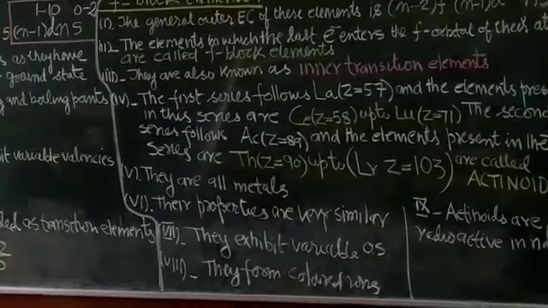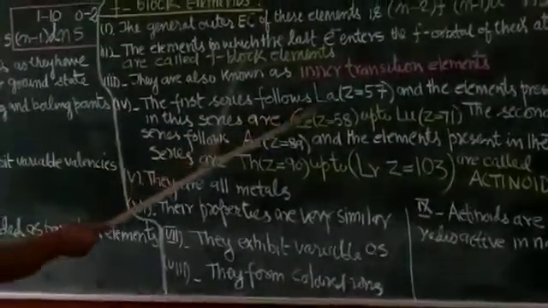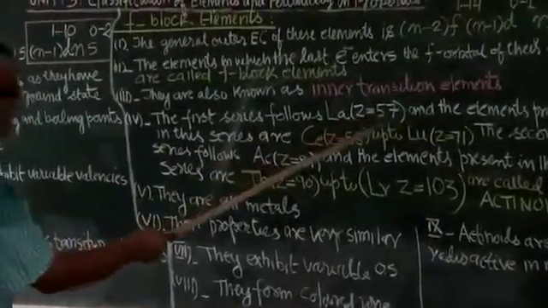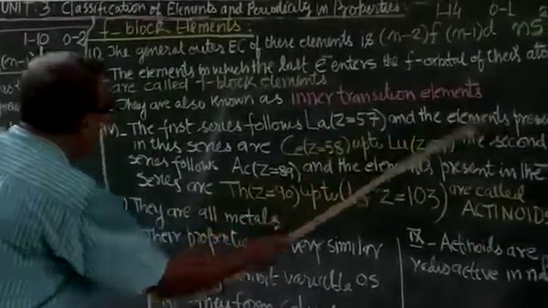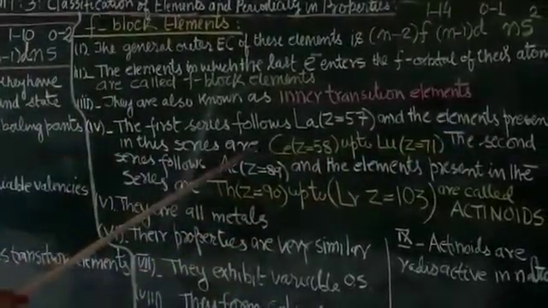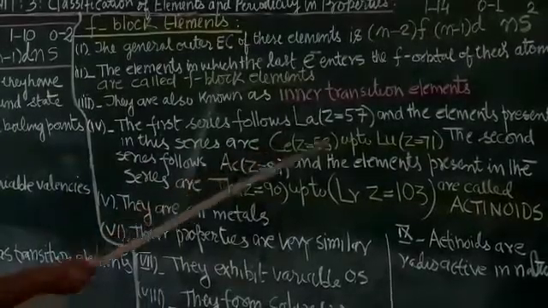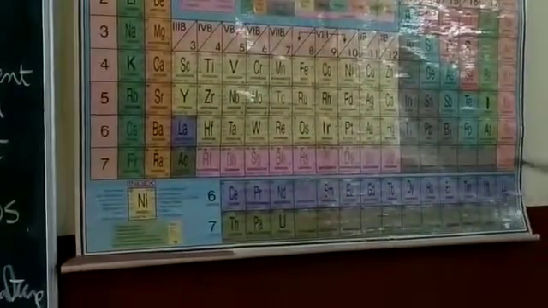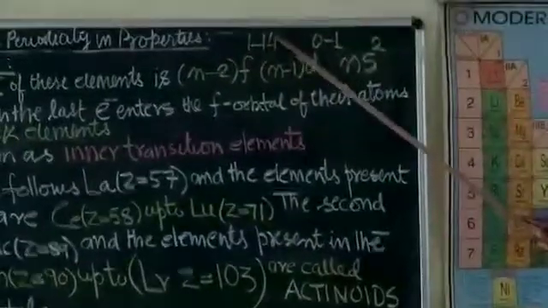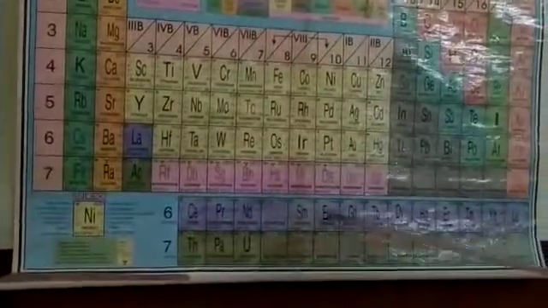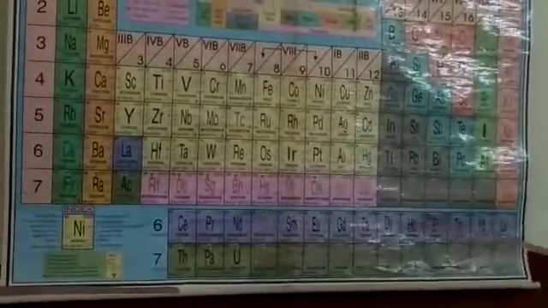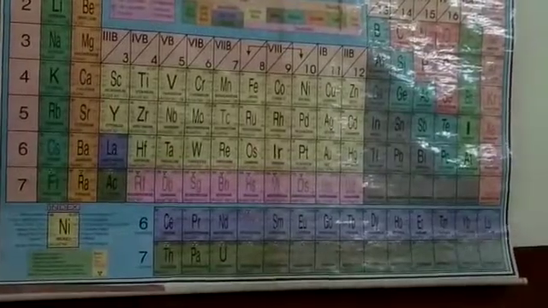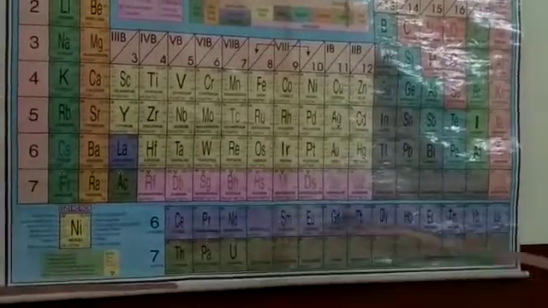Now, fourth one, the first series follows lanthanum, Z equal to 57, and the elements present in this series are from cerium up to lutetium. See here, it starts from cerium up to lutetium. I told you 1 to 14. Now please see here: 1, 2, 3, 4, 5, 6, 7, 8, 9, 10, 11, 12, 13 and 14. This is called lanthanoids.